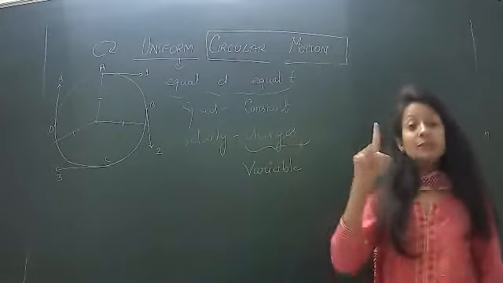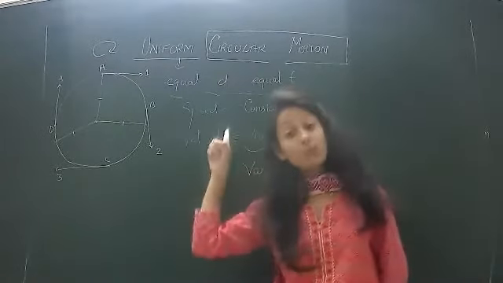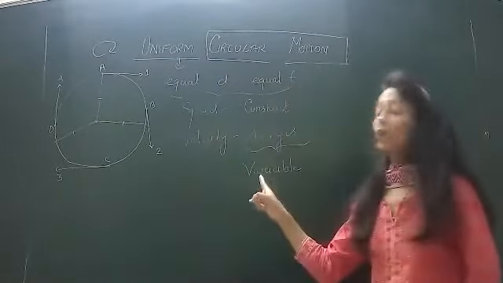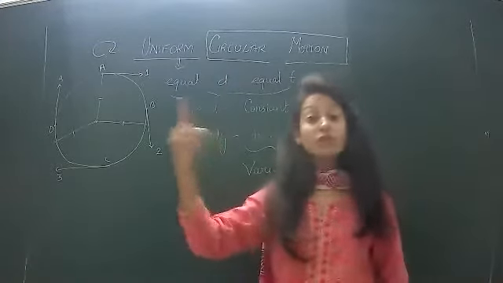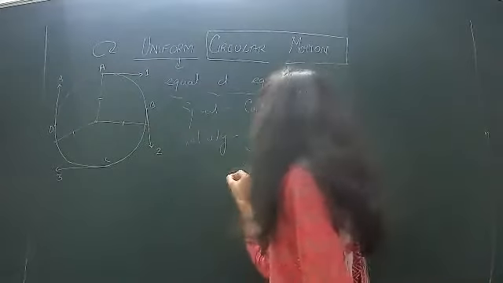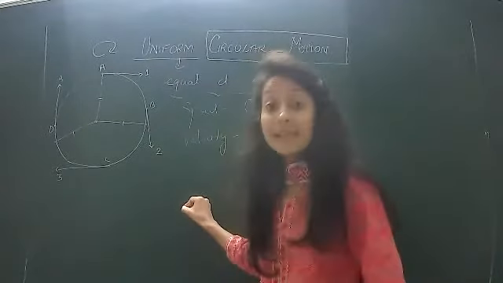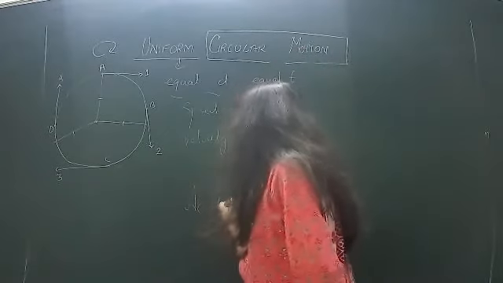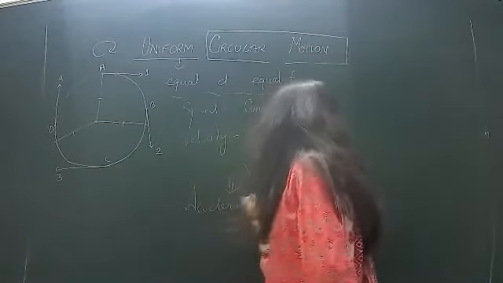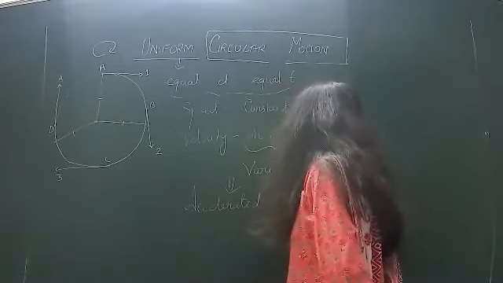So when an object is performing uniform circular motion, its speed remains constant but its velocity changes. And we know that when velocity of an object changes with time, there is some acceleration produced in that object, and hence we can say the object is performing accelerated motion.